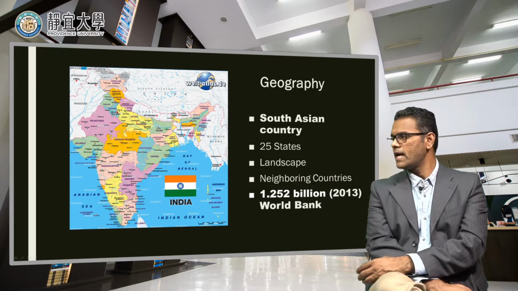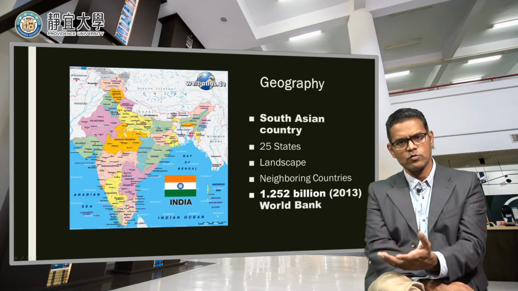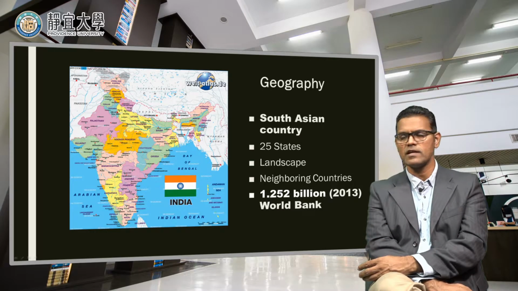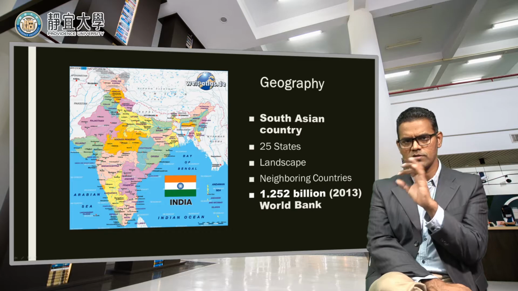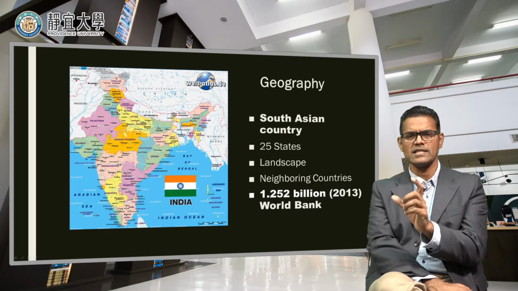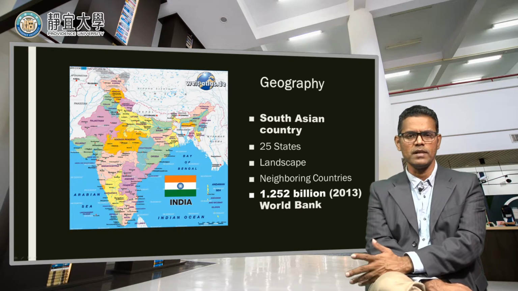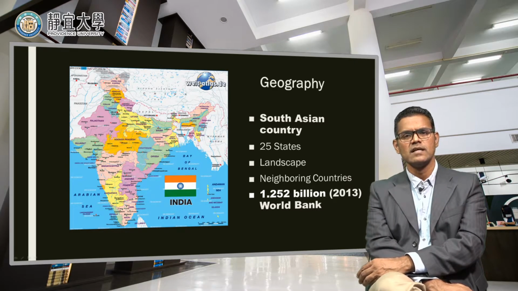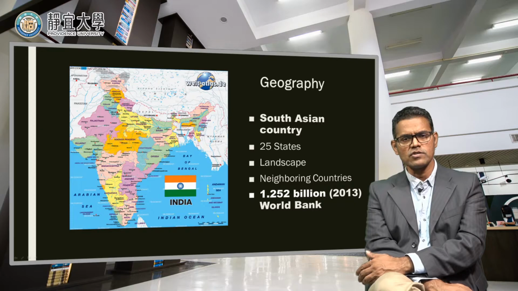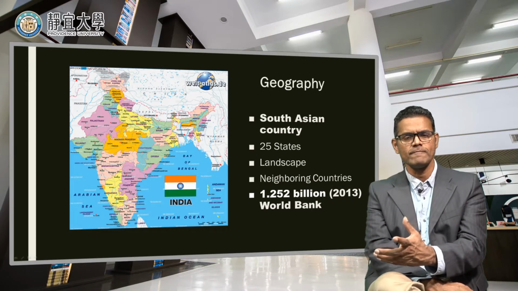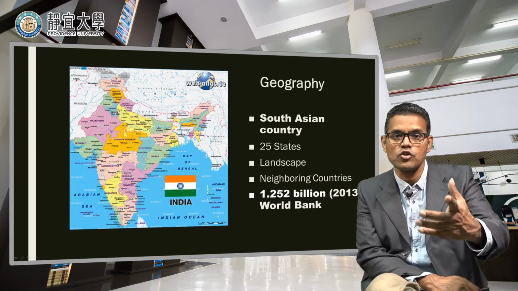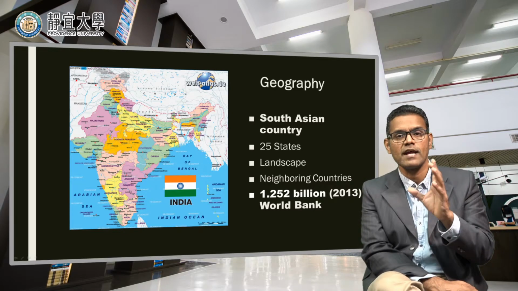All right, and the population. You want to say a few words about the population, how many people live there. Don't try to say the details like 1.252. No, just say 1.2 billion people. This is the second most populated country in the world after China. So these are the information that you should provide.